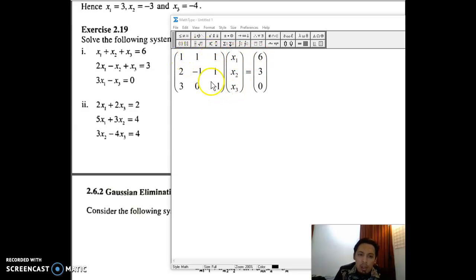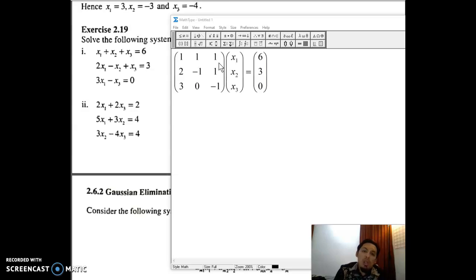We have A, which is 1, 1, 1, then 2, negative 1, 1, and 3, and then we don't have x2 here, so it is 0 and negative 1. So that is how you input A. Next we have x1 until x3. And lastly B, which is 6, 3, 0. So we have put it in this form.